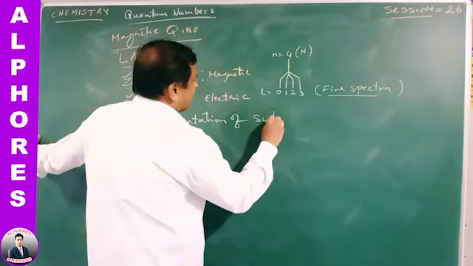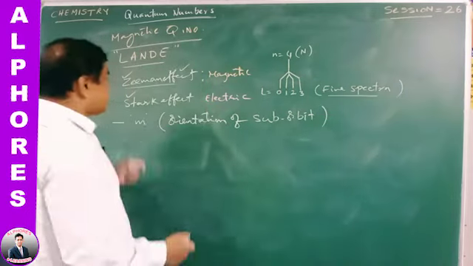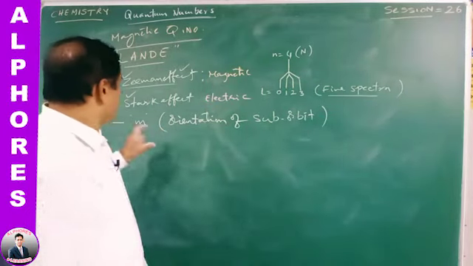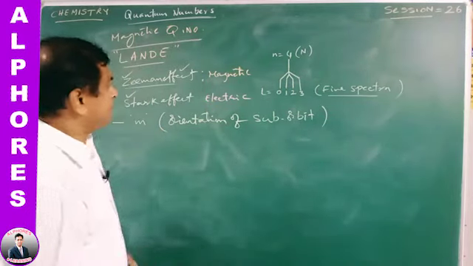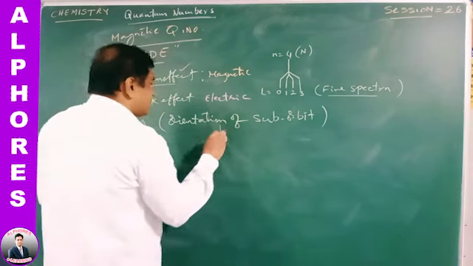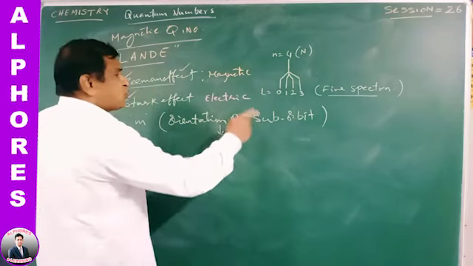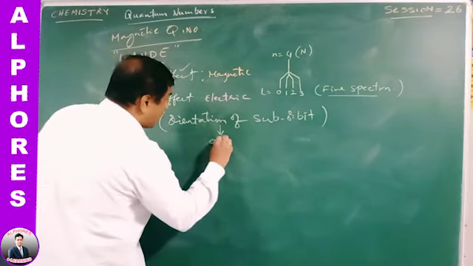Be careful, it is the orientation of a suborbit. This orientation value results in an orbital. It is going to represent an orbital.